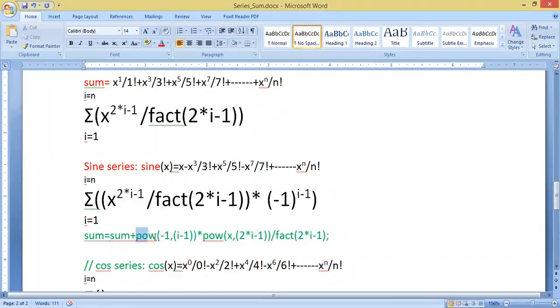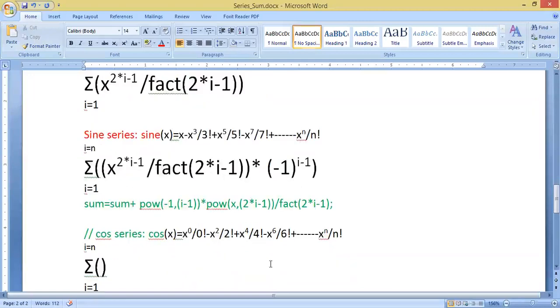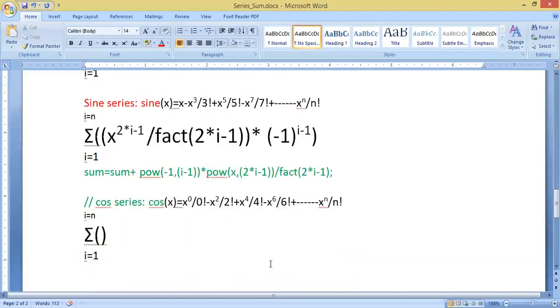Here in this case, I have written this power function before and the rest of the things are later, otherwise it is similar. Anybody has any doubt regarding this sine series finding questions? In previous programs or in this one, or you can create this cos series.